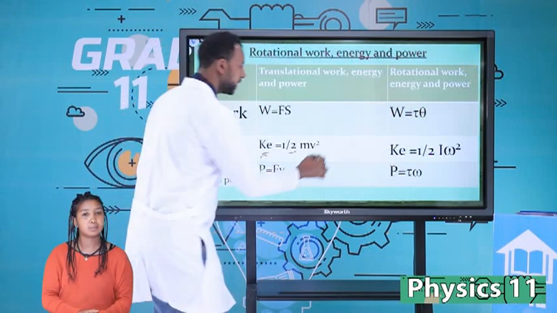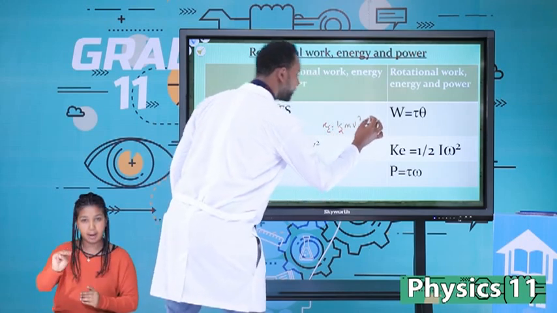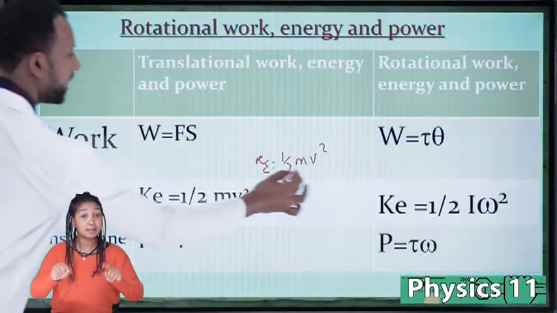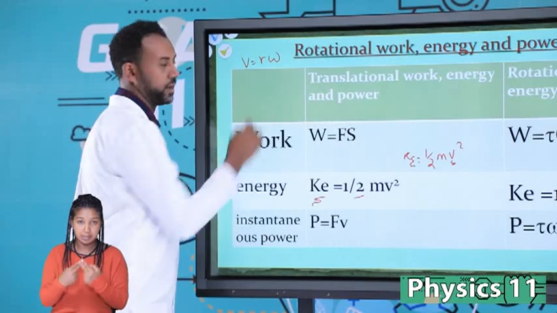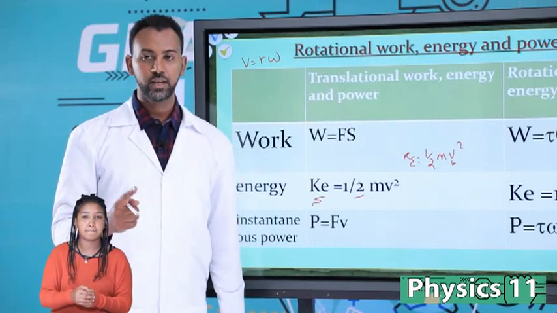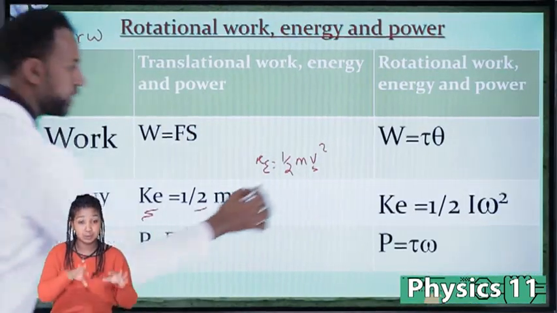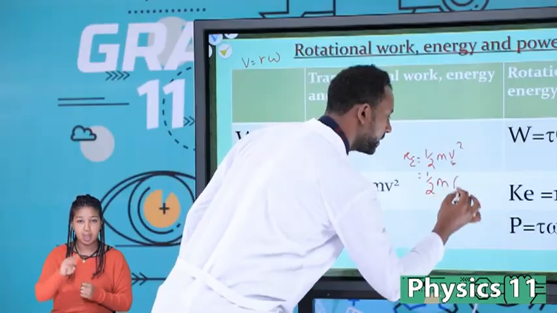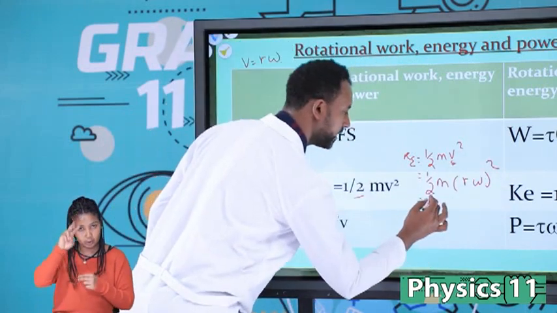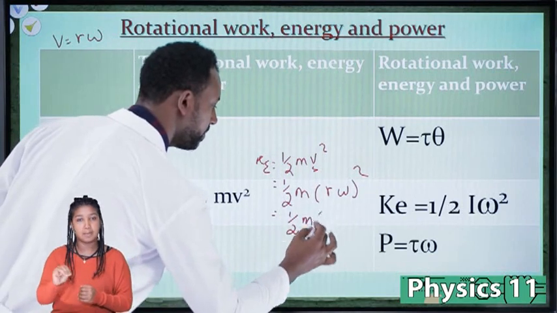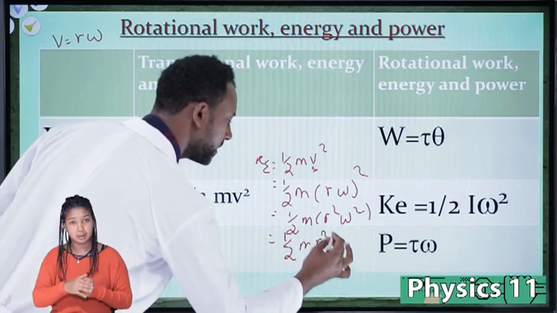The linear velocity v is r times omega, so substituting, we have 1 over 2 m r squared omega squared.